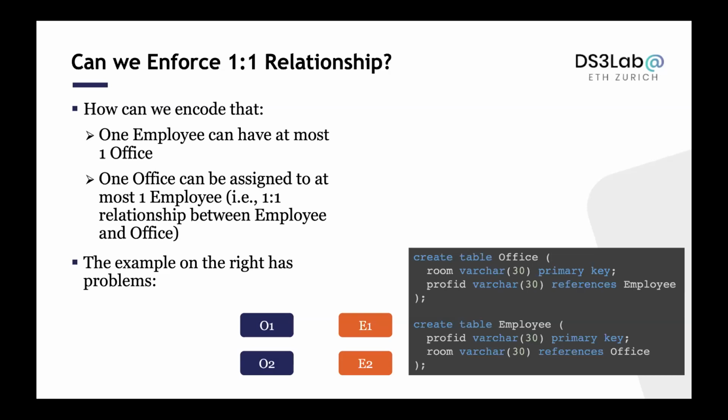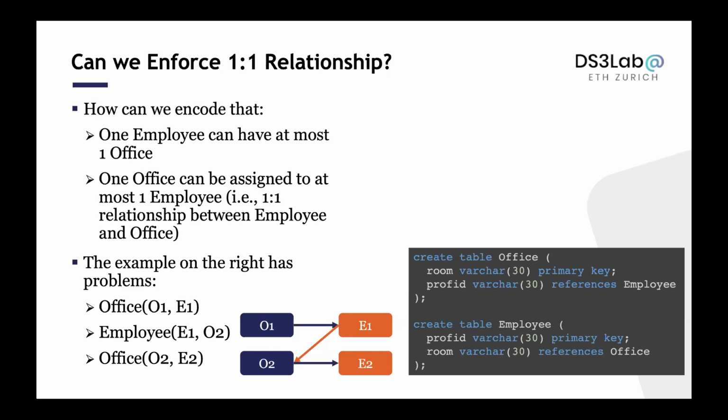I could have the employee ID of Office 1 linking to E1, and then I could have the room in employee 1's record point to O2. That's allowed in the schema. On the other hand, I could have O2 point to E2 or E2 point to O1.